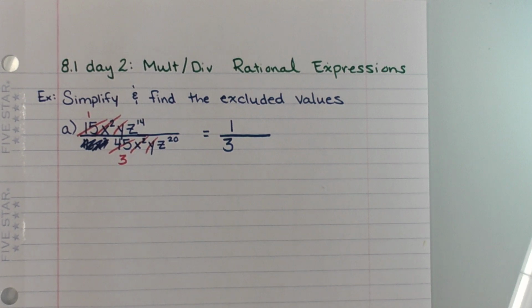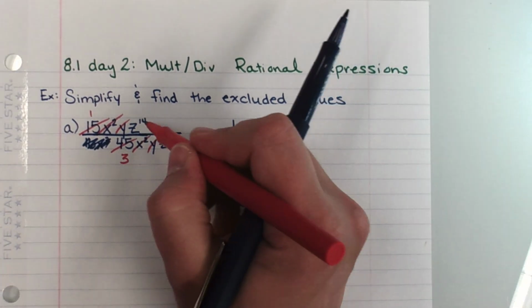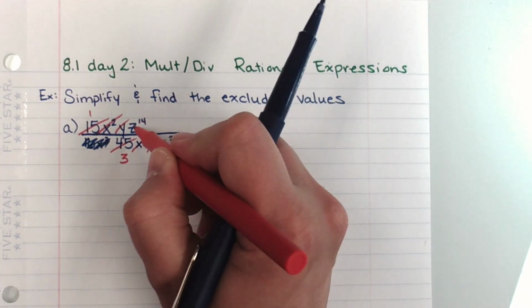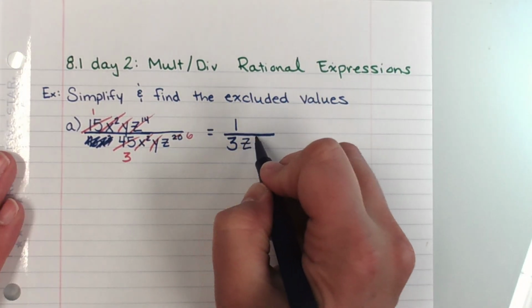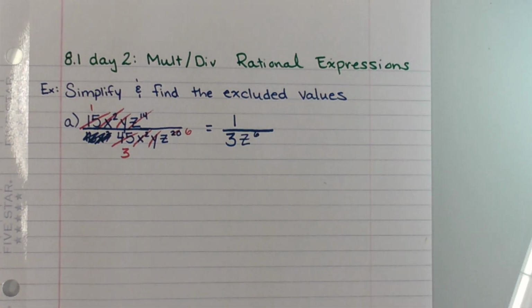Malia, how do we finish it off? Do the z. And what am I left with for the z's? z to the 6th on the denominator. z to the 6th in the bottom, because 20 minus 14 is 6, and the bigger number was on the bottom. Kasia, I've got 1 over 3z to the 6th.